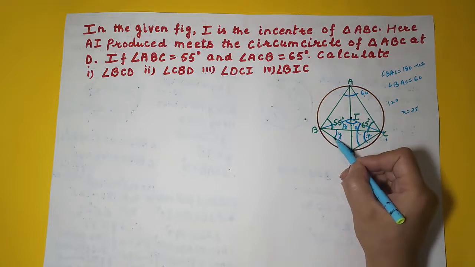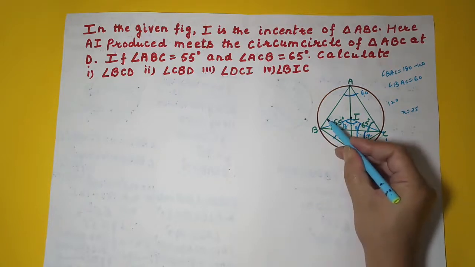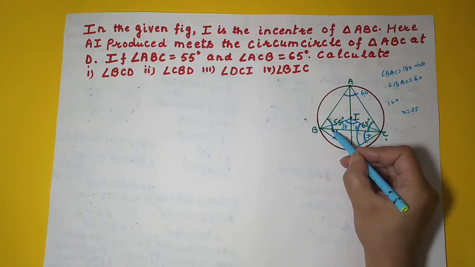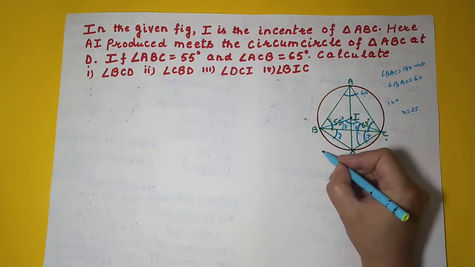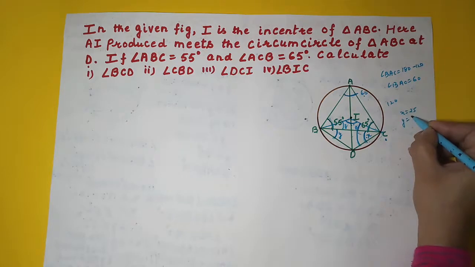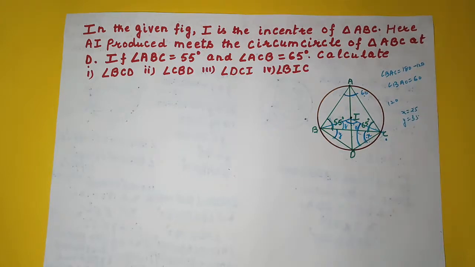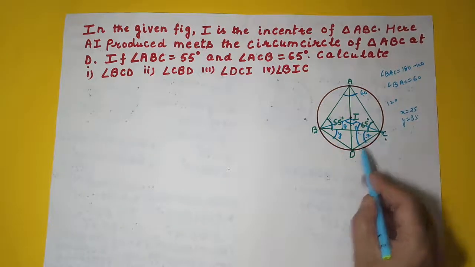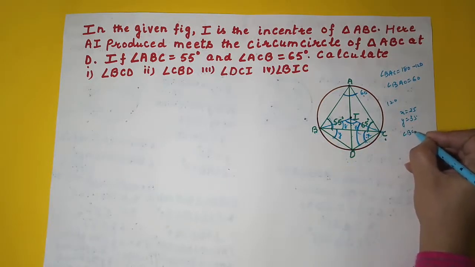Here we have to calculate this angle also. This entire angle is 90, but this portion is 55. So 90 minus 55, we got Y as 35. So we have calculated X, which is angle BCD, and it is 25.